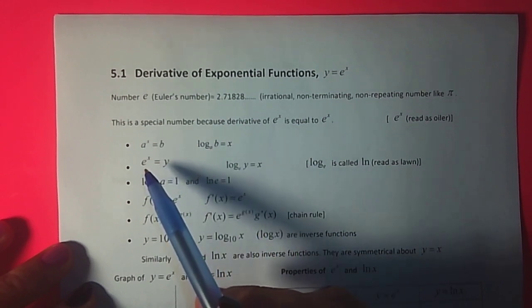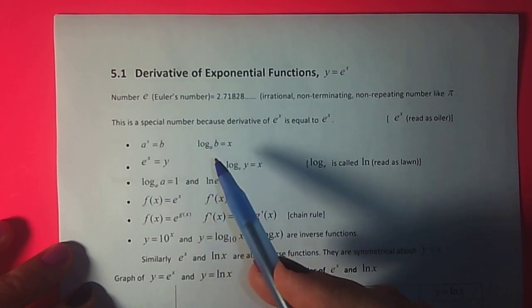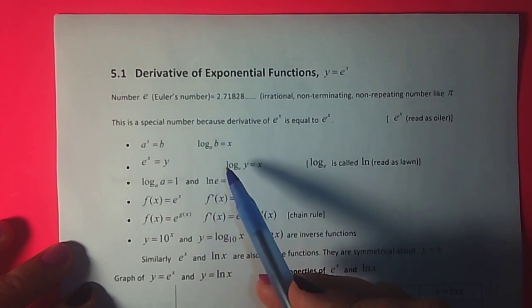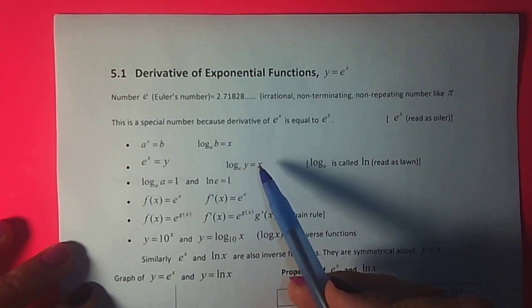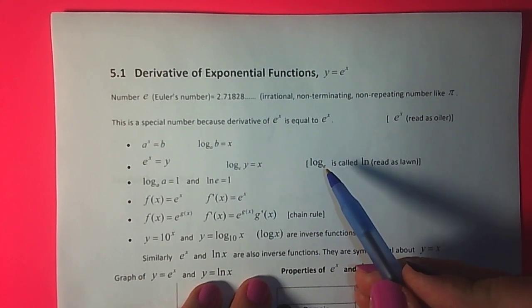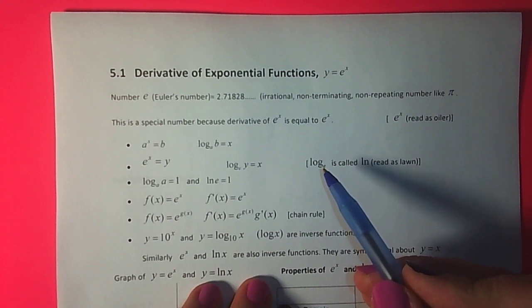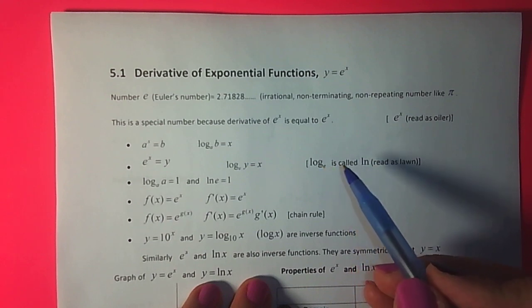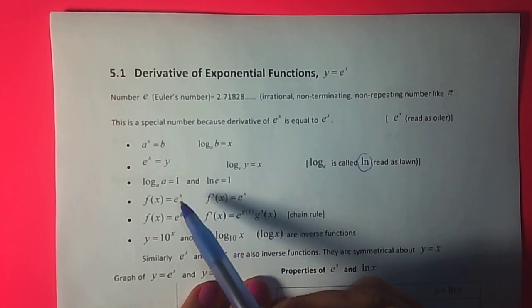How about if we have e to the power of x equals y? If we write it in logarithmic form, then we get log base e of y equals x. But we call log base e ln. After this point, you're not going to see it as log base e, but you are going to see it as ln.